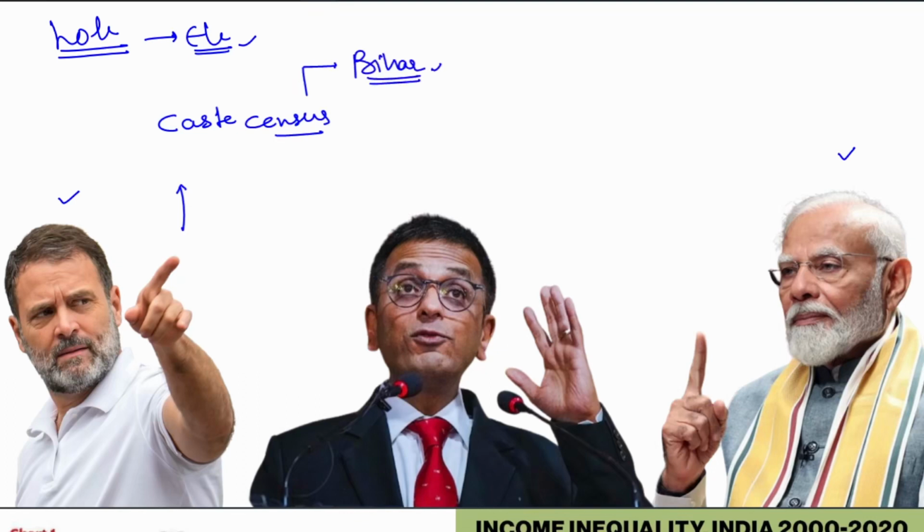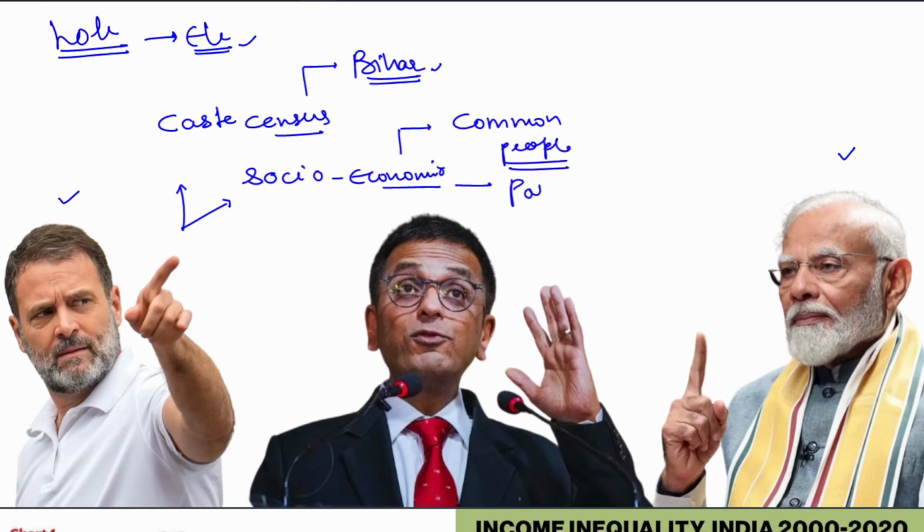They are also saying that along with the caste census, there will be a socio-economic census that will gauge how much money is in the hands of common people, as per their population and as per their presence in the social system or society.